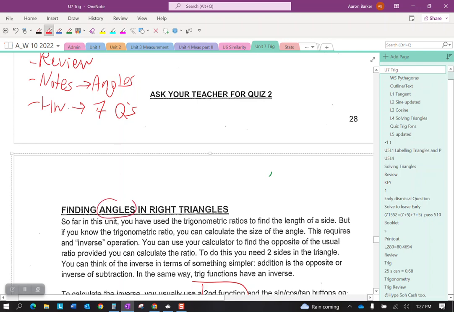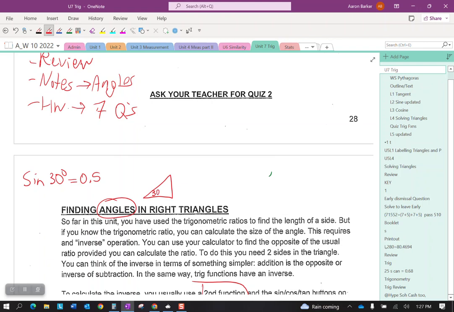What allows us to find the angles is that we know all the ratios. When they studied triangles, they looked at sine 30 degrees and found that no matter what, it's always 0.5. If this is a triangle that's 30 degrees, they measured this side as 4 and this side as 2.